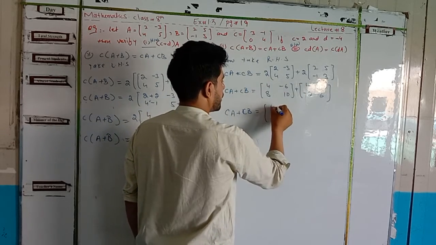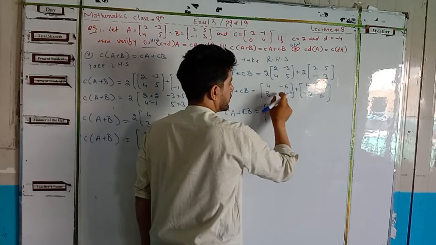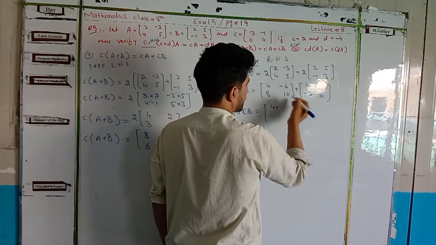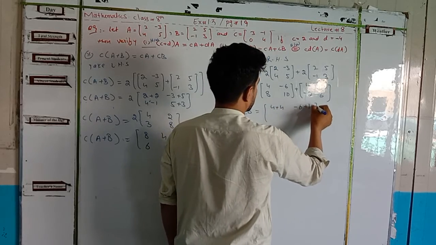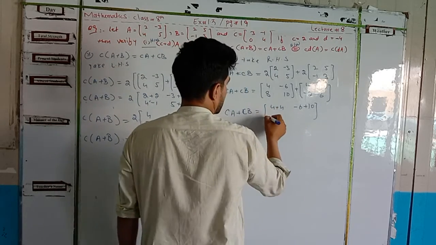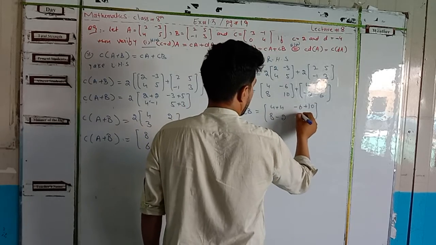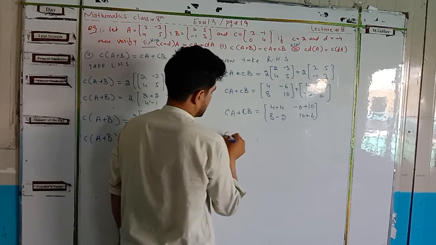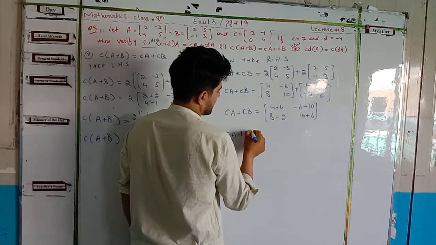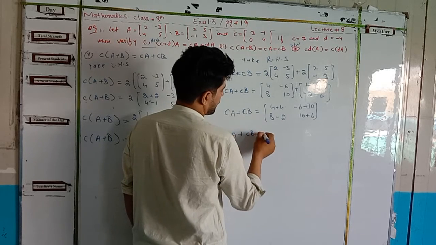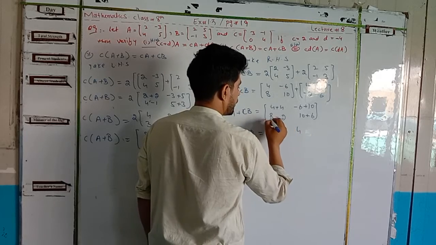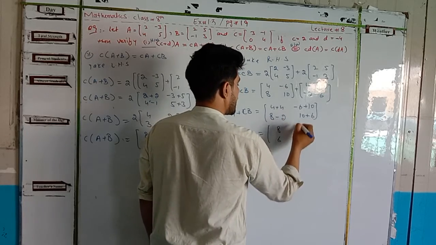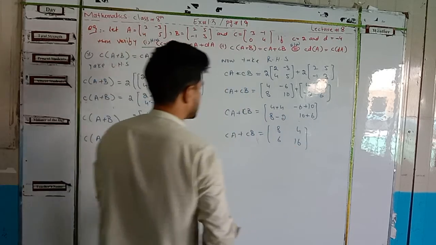Four plus 4; add first element to first, second to second, third to third and fourth to fourth. Minus 6 plus 10, 8 minus 2 and 10 plus 6. CA plus CB is 8, 4, 6 and 16.